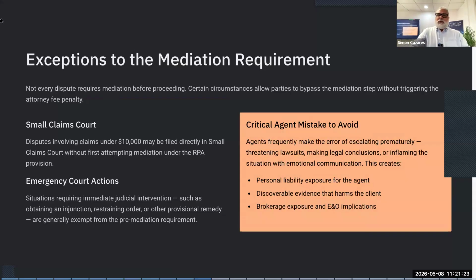So if it's a dispute, the way I see it is, look, if the seller and the buyer cannot come to an agreement, buyer, you have every right to file a lawsuit against the seller after the deal closes. Let's just say, for example, that the seller agreed to replace the HVAC as part of the agreement.